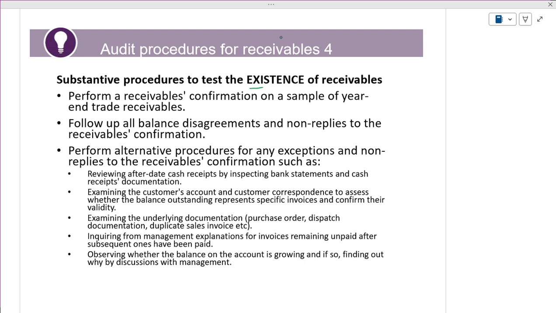As we know, existence is the simplest one. You have to get the confirmation on a sample basis, confirmation on a sample of year-end receivables. Once you get the confirmation, both sides are agreeing totally. Only then can we say there is existence.